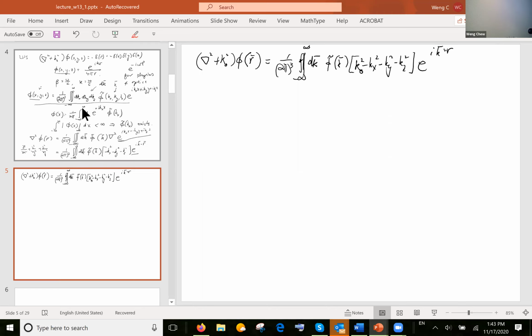The left-hand side is now expressible as a Fourier integral. Then I also need to express the right-hand side, which is delta x, delta y, delta z. I can write the right-hand side as a Fourier integral as well. It's minus 1 over 2 pi cubed.